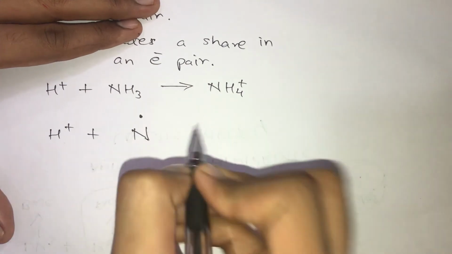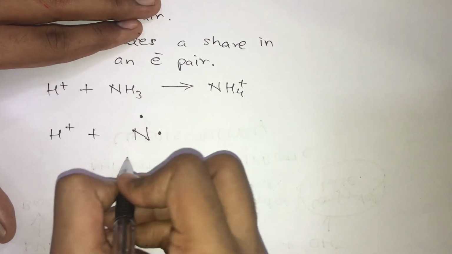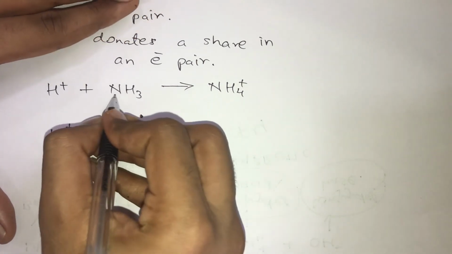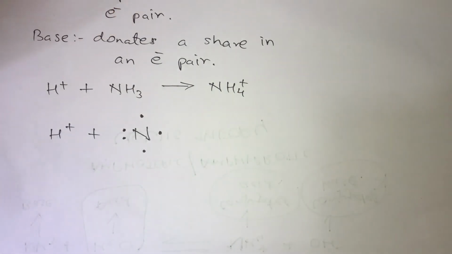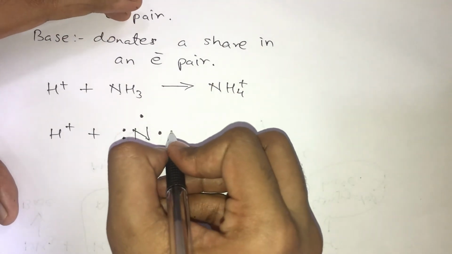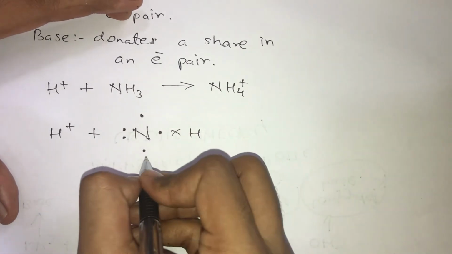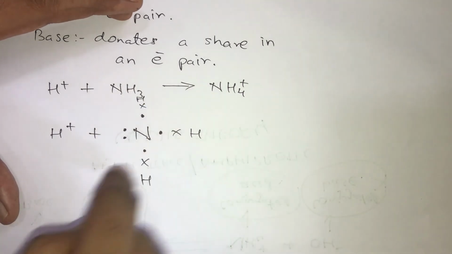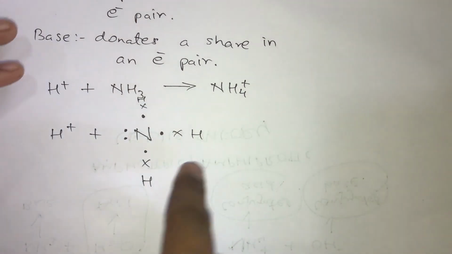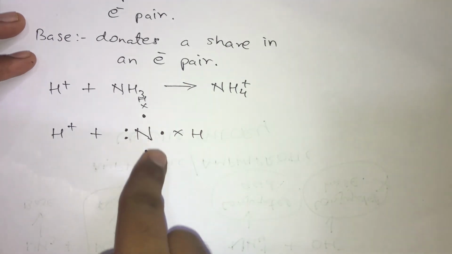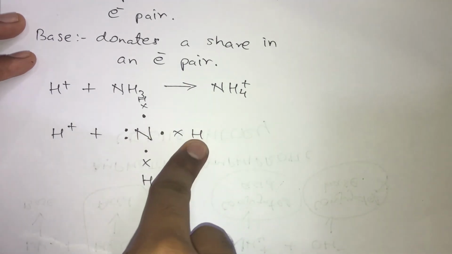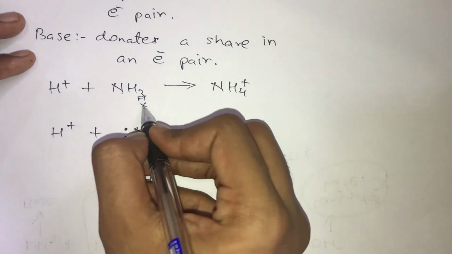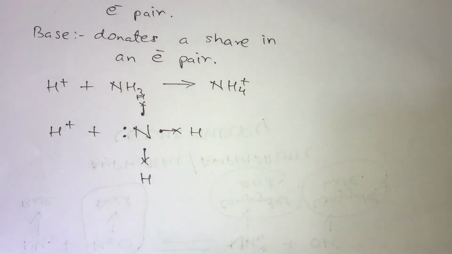Okay, so let me draw the 5 electrons over here, and this nitrogen is combining with 3 hydrogen atoms. So it is going to form a bond with 3 hydrogen atoms, and each hydrogen atom is sharing 1 electron. So while forming a bond with nitrogen, 1 electron is shared by nitrogen and 1 electron is shared by hydrogen. So this is how they form a bond.